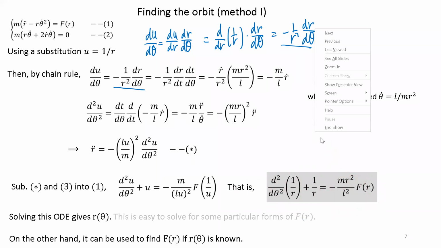So for example, if f of r is proportional to 1 over r squared, then what do we have for the right hand side?